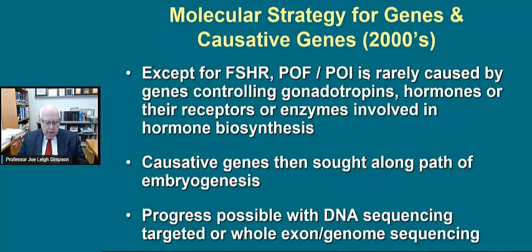And fortunately, they coincided with the fact that the human genome had been sequenced and was applicable. And it turned out that it was not quite as expensive as we had imagined in the beginning. So that at least by the latter part of the first decade in this century, it was possible to take a region of the chromosomes, sequence that region, and determine whether or not the DNA nucleotides in that area were what we expected or whether they were abnormal.